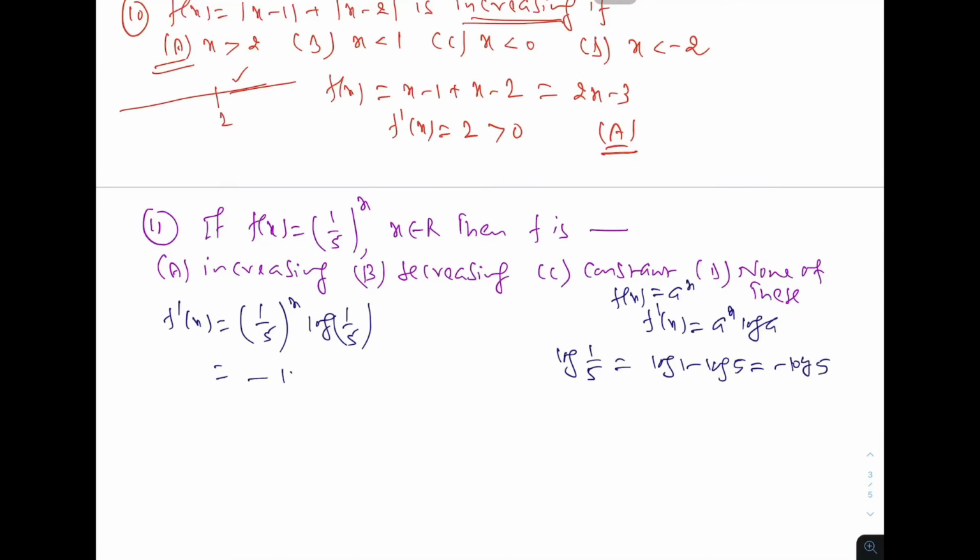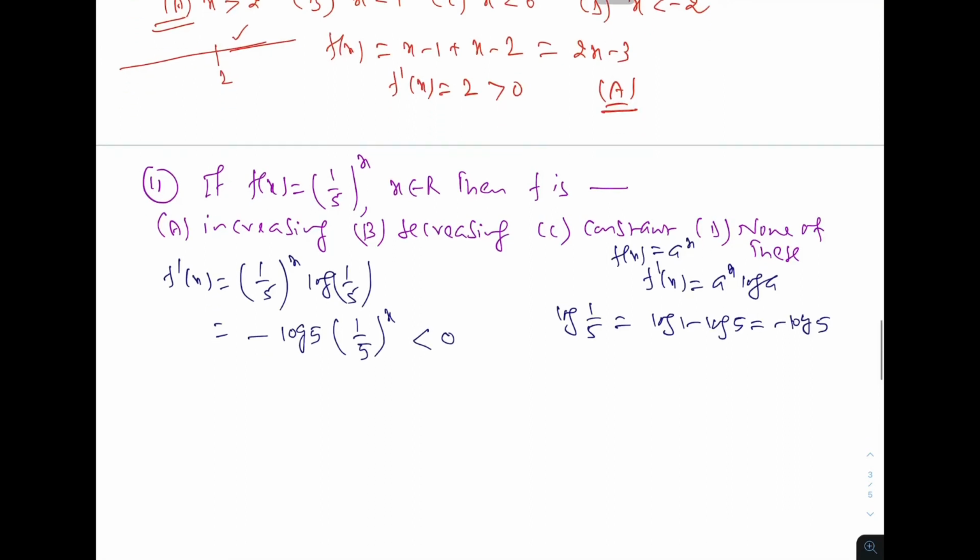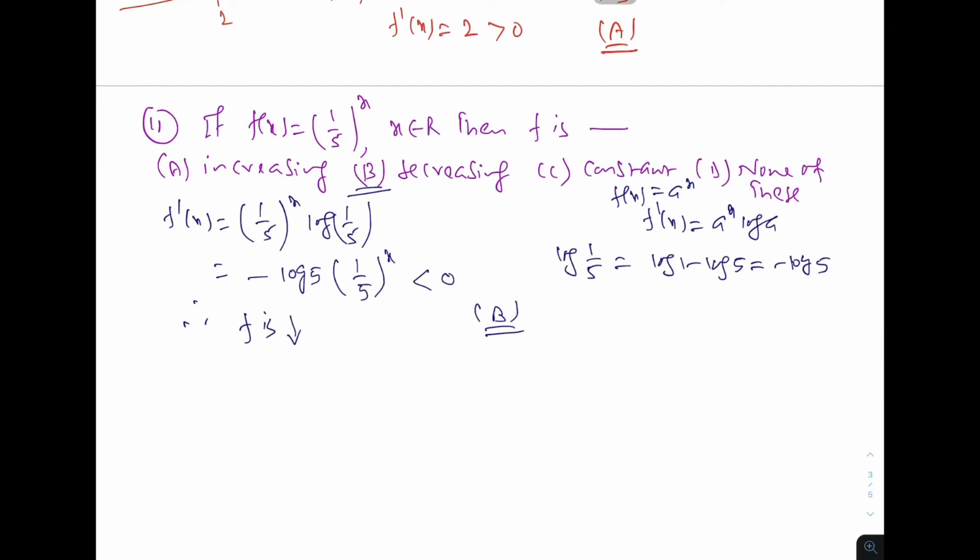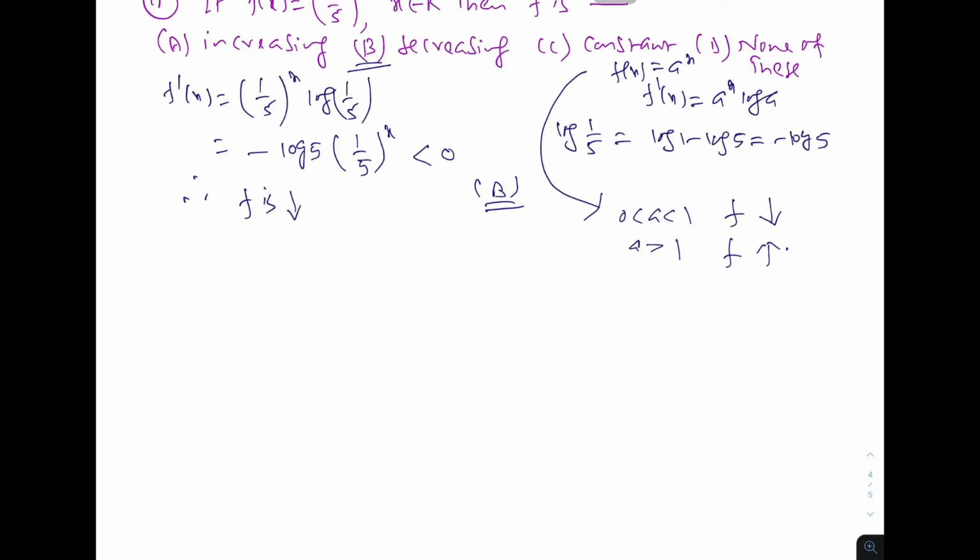So this is minus log 5 times 1 by 5 power x, and that is negative, and therefore f is decreasing. So the answer is decreasing. In this you can have: if a lies in 0 to 1, then f is decreasing, and if a is greater than 1, then f is increasing. Okay.